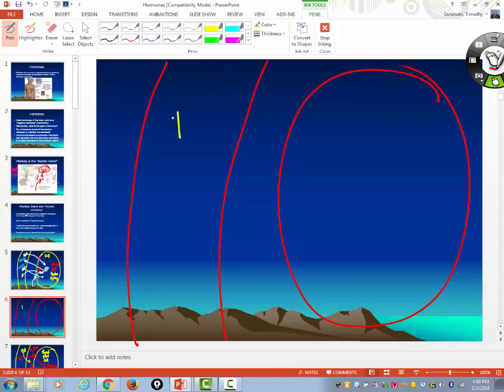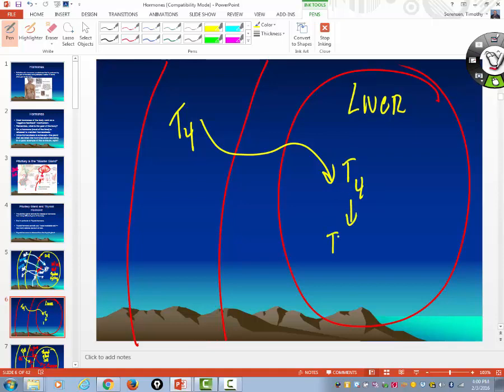Then you go to the liver. And in the liver, there are enzymes, right? T4 gets taken up by the liver cell, and T4 gets converted to T3.